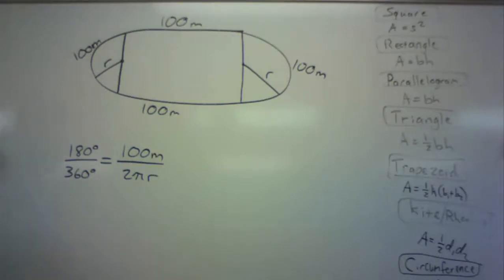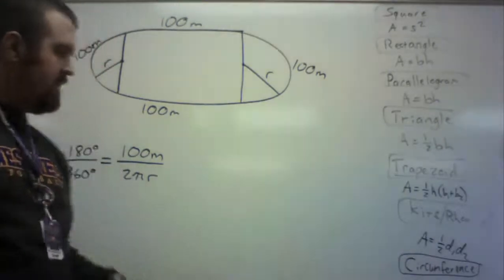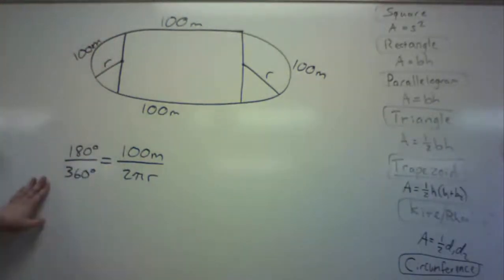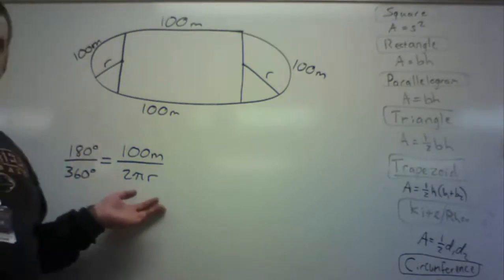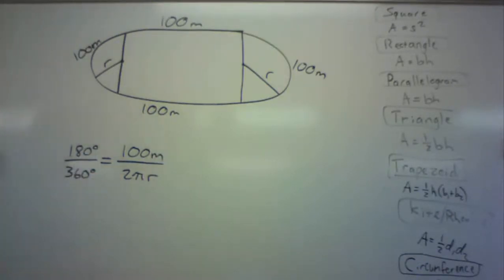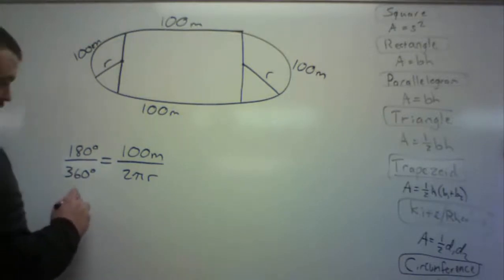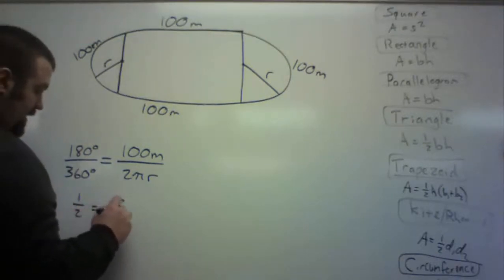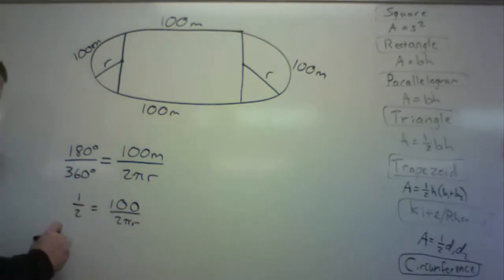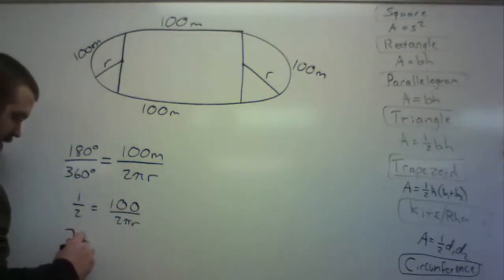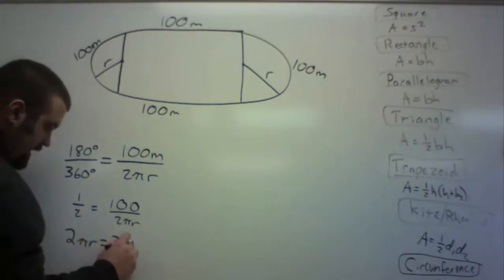Oh wait, look at this. This is basically just a solve. I'm looking for r. I use the arc length formula, measure of the semicircle to the full circle equals the length of the arc to the full length of the circle. And at this point, it's just simplify. So 1/2 equals 100 over 2 pi r. Cross multiply, I get 2 pi r to be equal to 200.